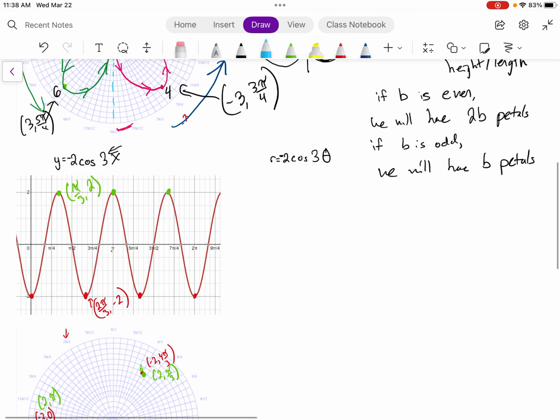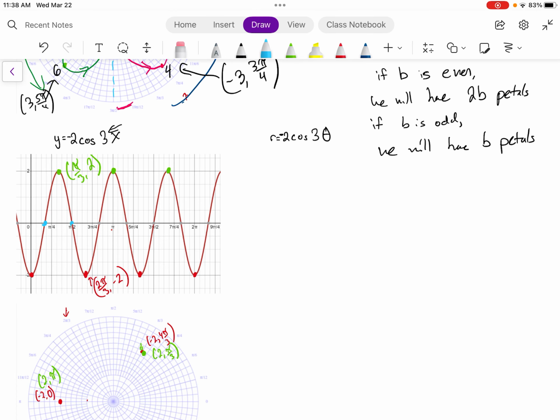Okay, so we have all these points, and just like we did last time, I used the blue color. I want to think about my zeros here, and be conscious of what those are. You could solve this equation and actually find those. This is where 0 equals negative 2 cosine 3 theta, so 0 equals cosine 3 theta.